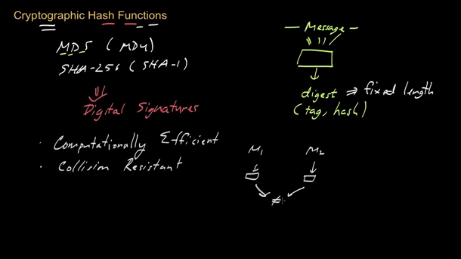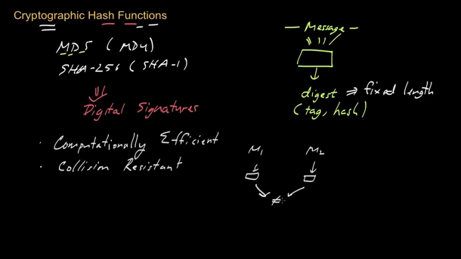Okay. Now I should take a step back here and point out that of course in practice, given that messages can be of arbitrary size, and given that the output is a fixed size, it's not mathematically possible to guarantee that the output will always be different for two distinct messages. But what you typically want is not that the outputs are necessarily different, but that it's hard to find two distinct messages that produce the same output.